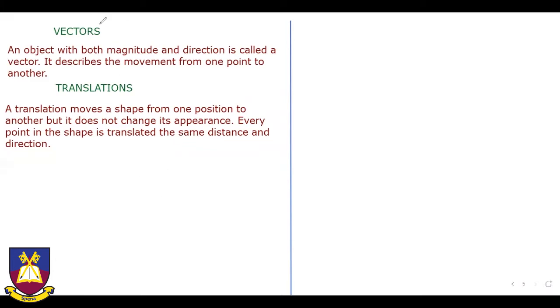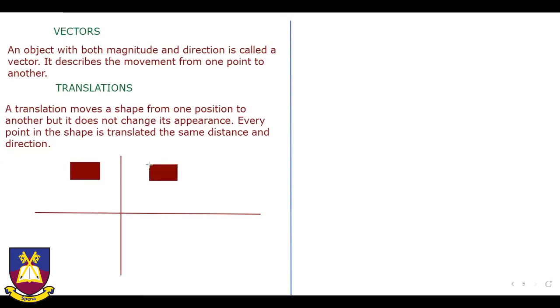Take an example. Maybe I have my shape there, and then after a translation the same shape is taken here.